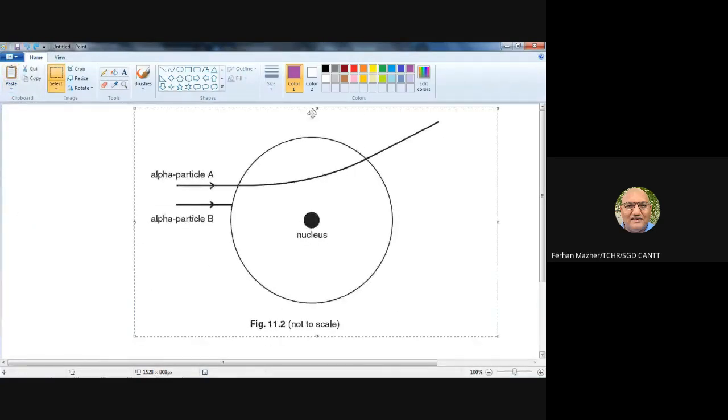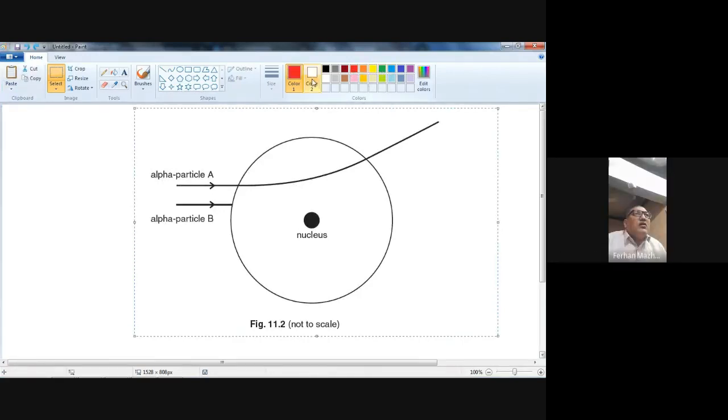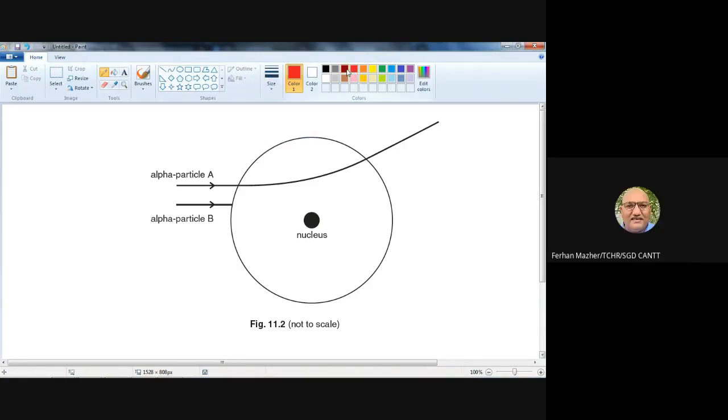Okay, so now we have to show the path. This is the alpha particle B. The alpha particle is positively charged.